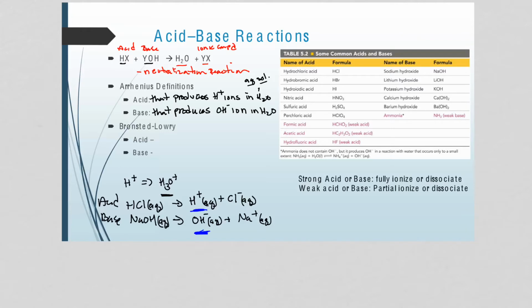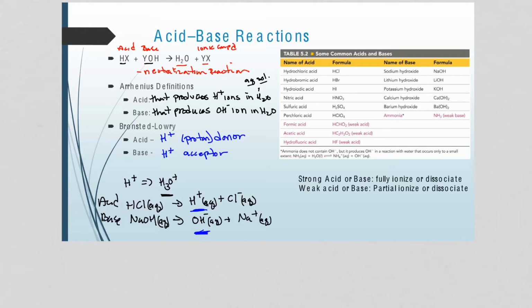So an acid is an H+, or what is sometimes called a proton donor. And a base is an H+ acceptor. And at this point, that's all we need to know about the Bronsted-Lowry definition, that it looks at acid-base reactions as an exchange of H+ ions.